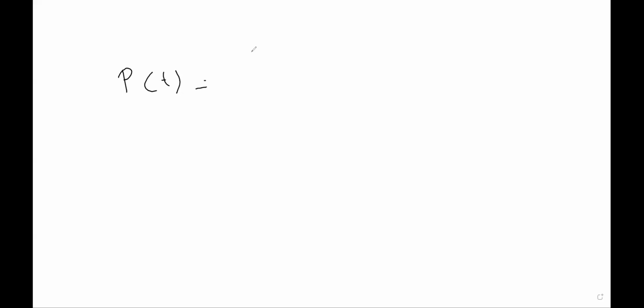Close bracket equal to P0 bracket 1.12 raised to the T. Now this is also the equation that was given, right?